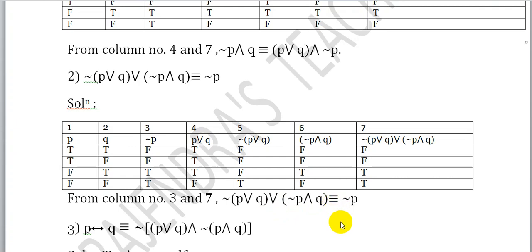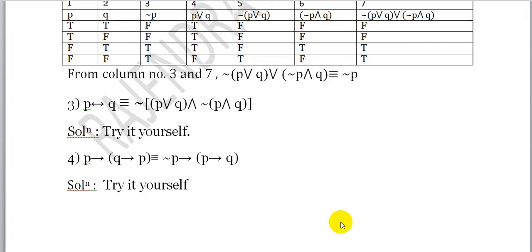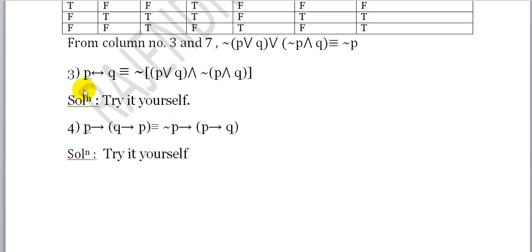Okay, it is proved. Now see question number 3. P biconditional Q is equivalent to negation of (P or Q) and negation of (P and Q). So dear students, you should try this question yourself in the homework. If any doubt, you can ask in the comment box.